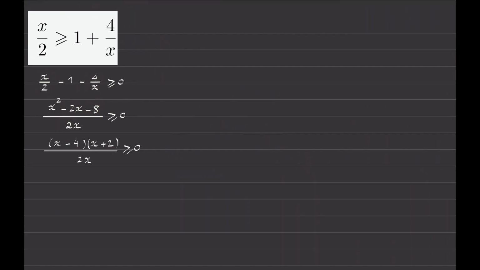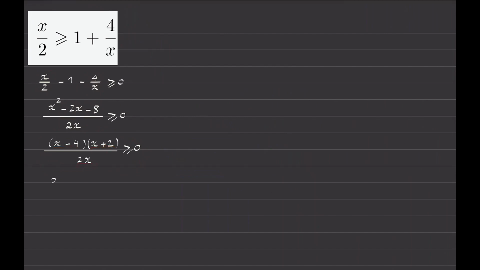Now you see that this inequality is equivalent to this inequality. So instead of solving this inequality, I focus on solving this inequality. And according to what we learned during the lesson, I will construct the sign table. In order to do that, I need the zeros of all the factors involved. There are 3 factors involved in this problem: x minus 4, x plus 2, and 2x.